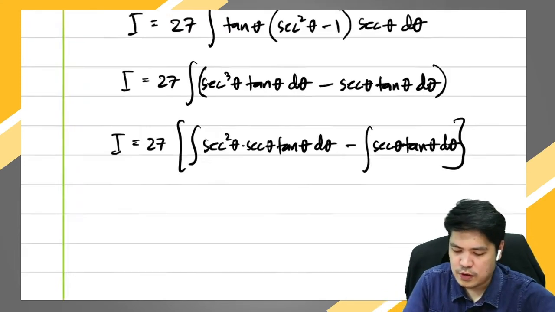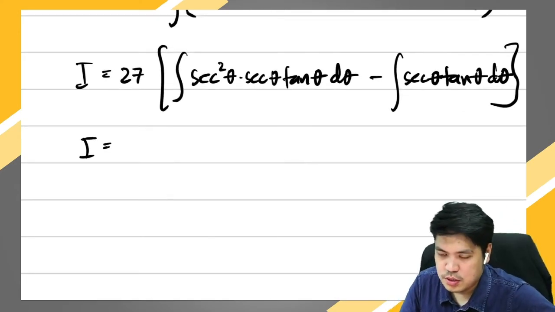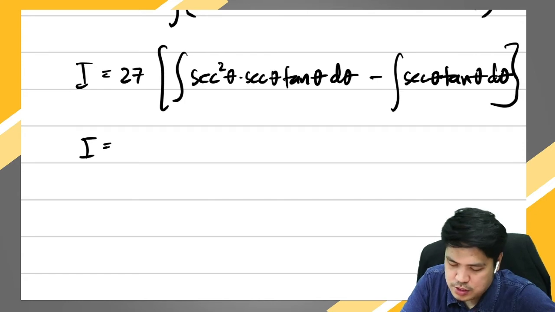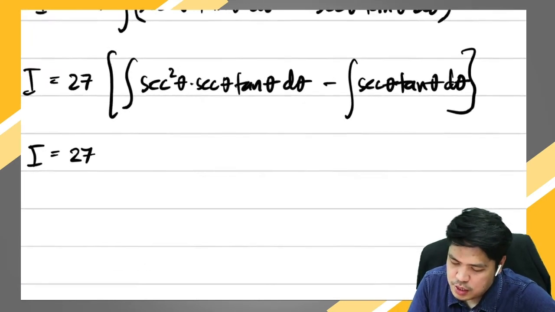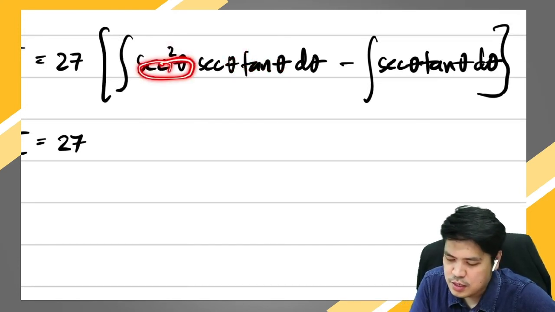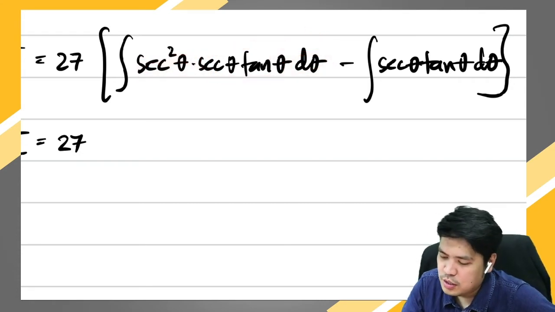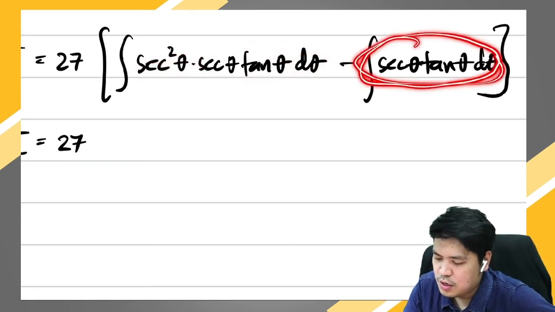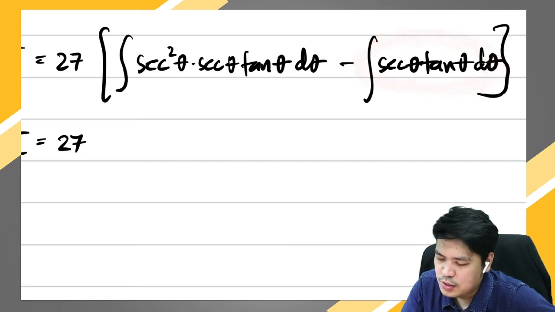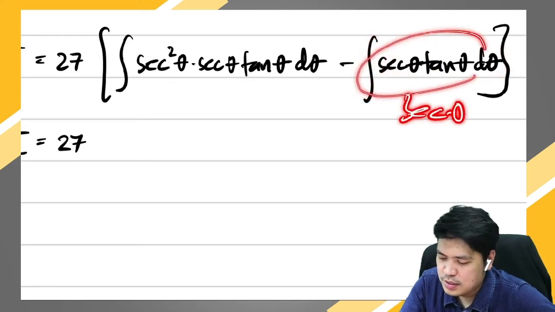And the rest is very easy. So I is equal to 27 times this. This is now u raised to n du because the derivative of secant theta is just secant theta tangent theta d theta. Okay? Same here. This is part of our formula. So we know that the integral of this is just secant theta.